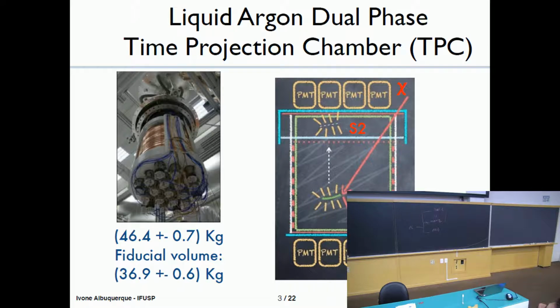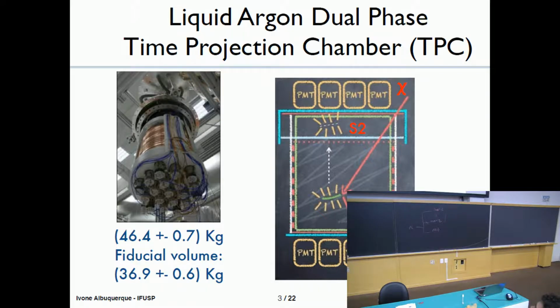So your dark matter particle will come in, interact with one of the argon atoms, and in this interaction, it will scintillate. So you detect the scintillation light with photomultiplier tubes here, and this is what we call the prompt signal, and we call it an S1 signal.